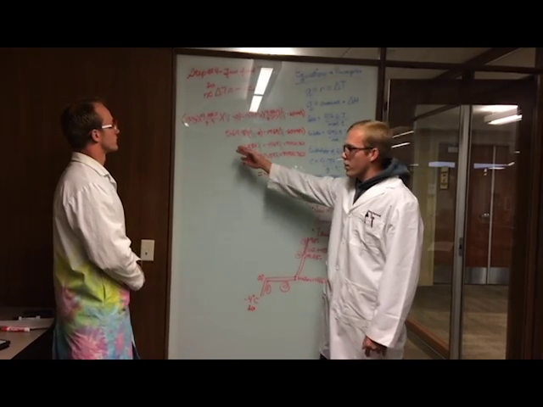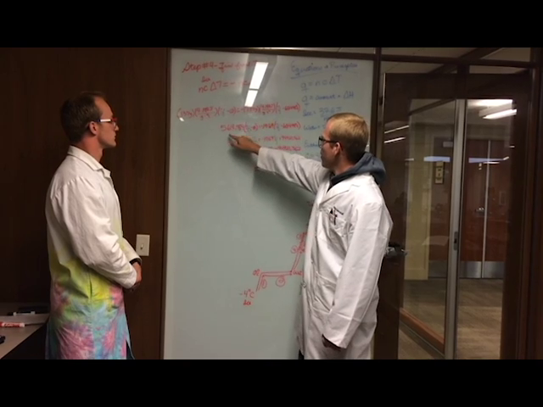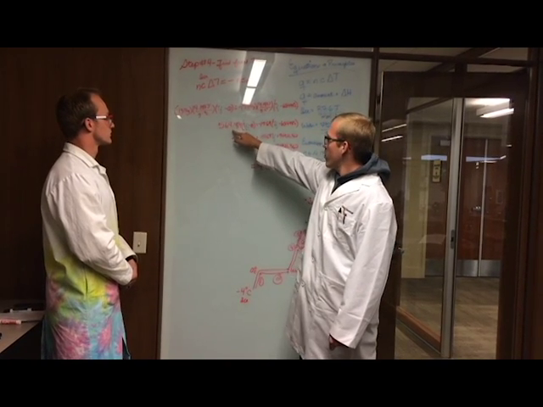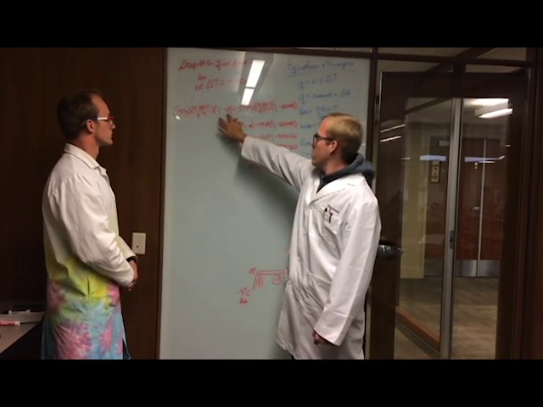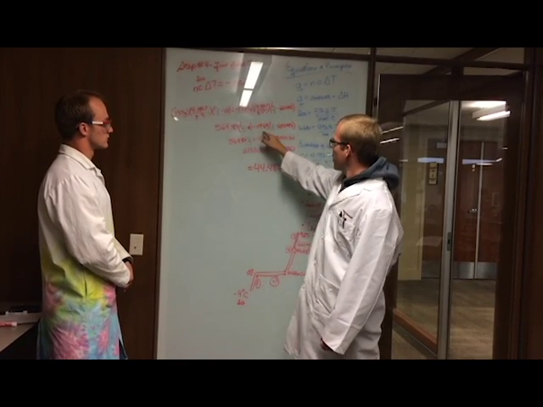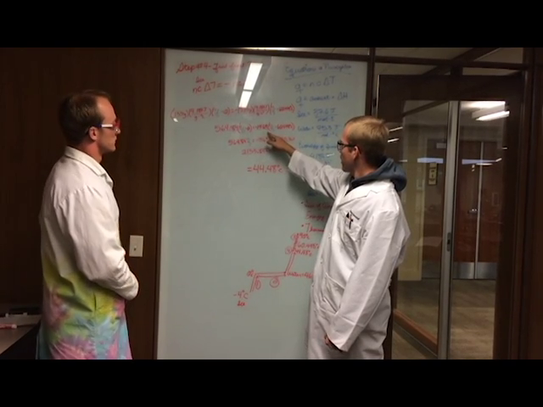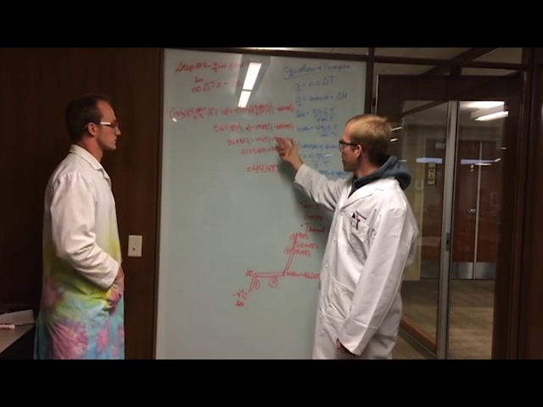Doing some algebra, we combine these two terms and get 564.84 times our delta T. On this side, we multiply those two numbers together and get negative 1,569 times our delta T.